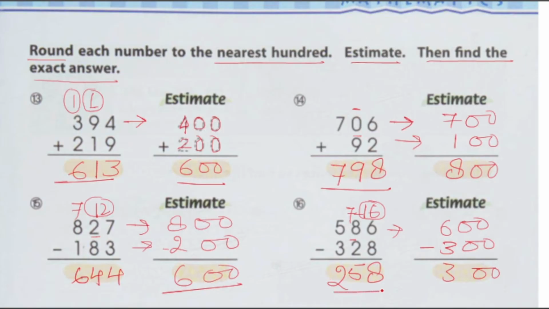So the exact difference is 258 and the estimate is 300. So there is a big difference. In both the cases, we see that in subtraction, the estimation does not work properly. We always find a great difference.